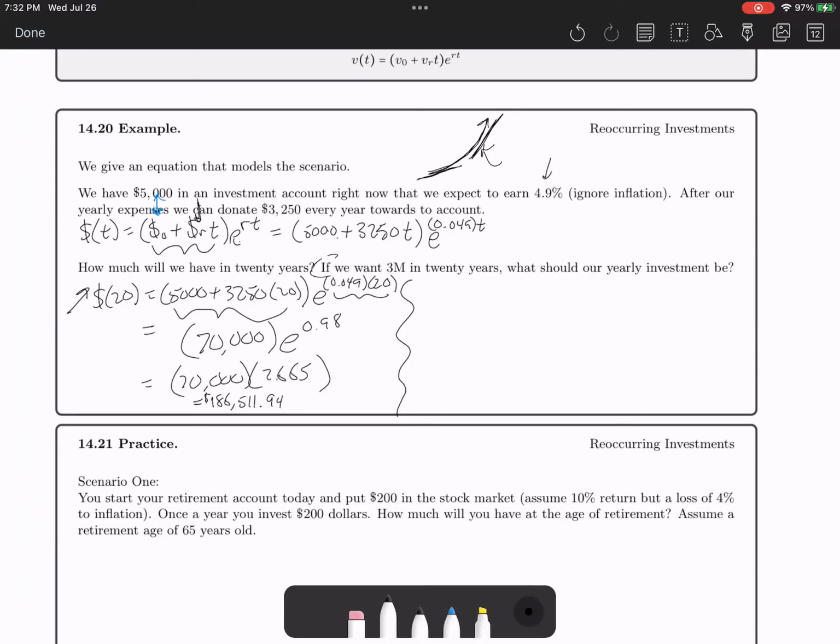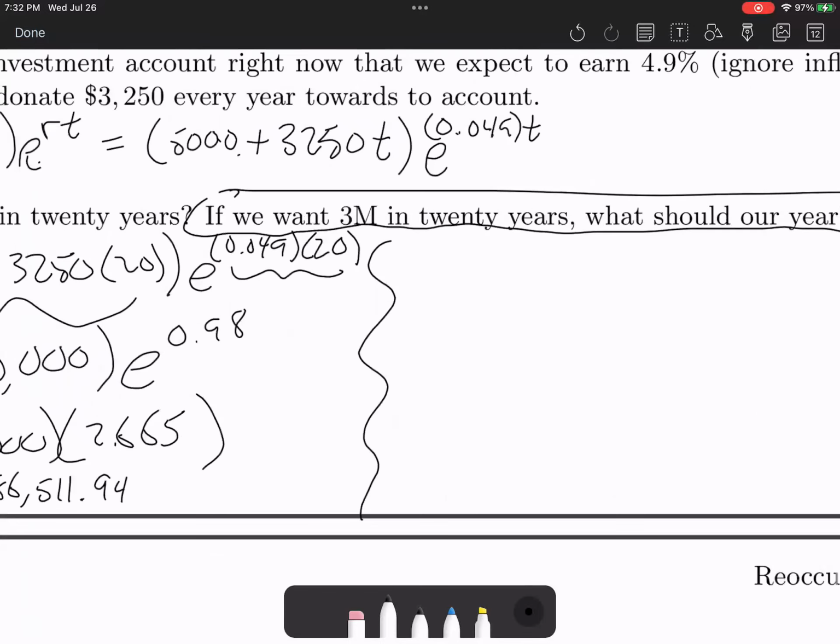All right, let's answer the second part. If we want 3 million in our account in 20 years, what does our initial investment need to be? So let's copy down that equation again that models our situation.